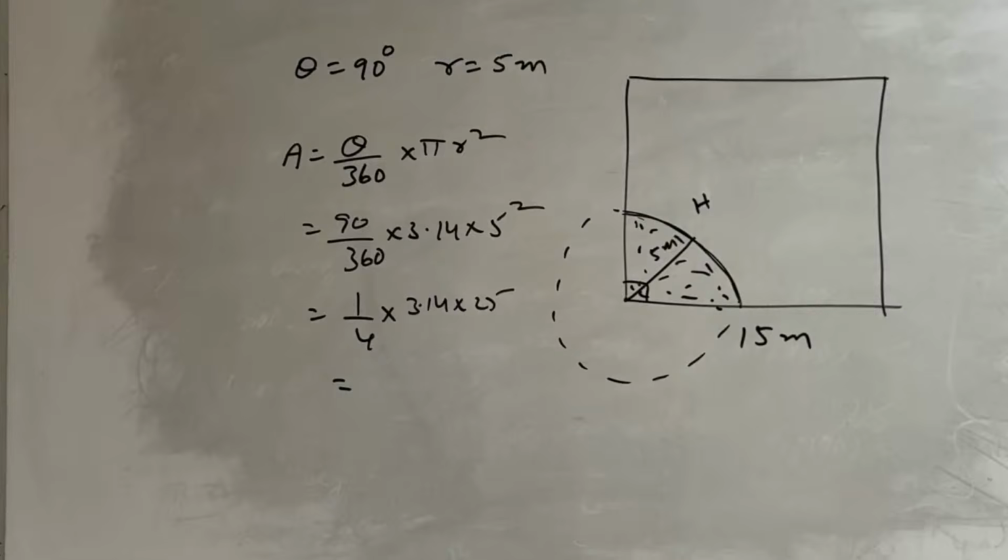Now the length of the rope was increased to 10 meters. Then take the radius as 10 meters and find out the area.